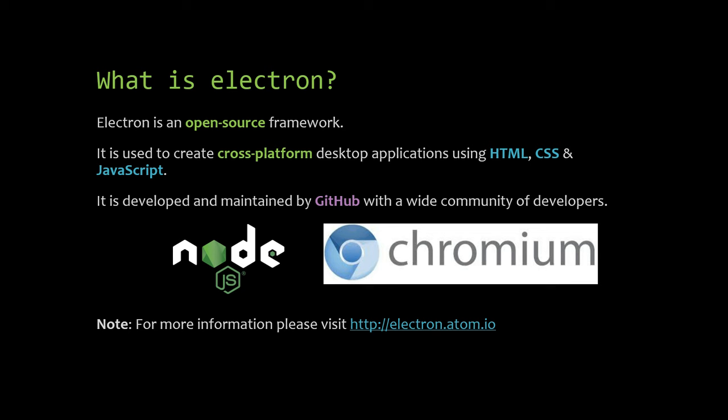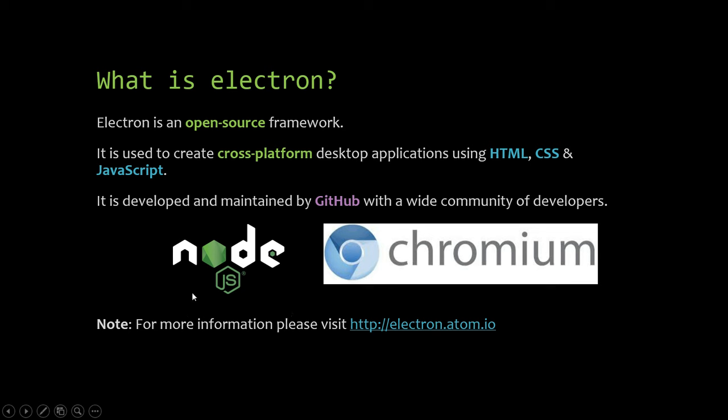Now as you know, Electron is built on top of Node.js. They also used V8 engine of Chromium. What is Chromium? Chromium is used by Google Chrome, the browser. So GitHub used V8 engine of Chromium to create Electron framework.